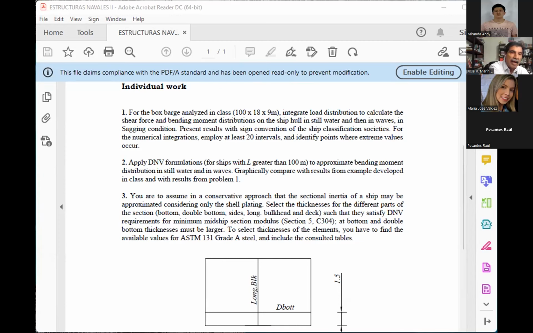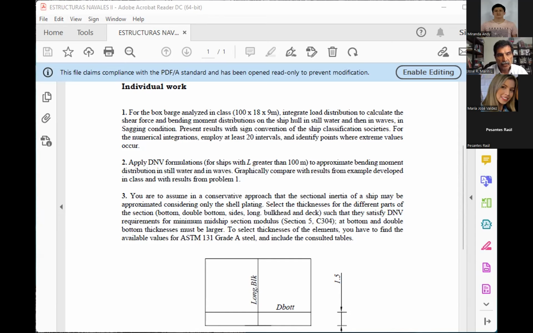You integrate from -L/2 until here, evaluate the result here, then with that result, you start integrating from here to there, and so on. So you could do this integration analytically if you want, or you can do it numerically in the way I explained today. Both ways can be done. This can be applied for this assignment.